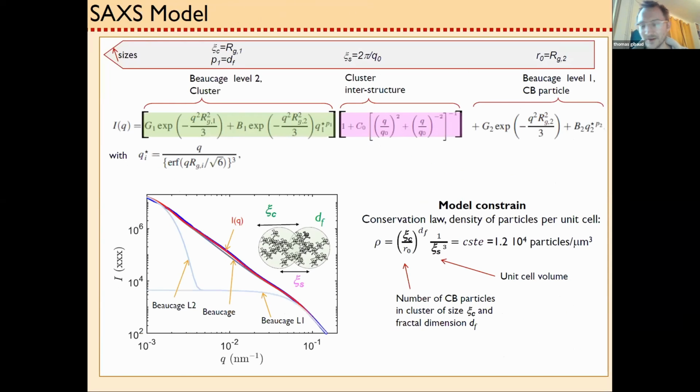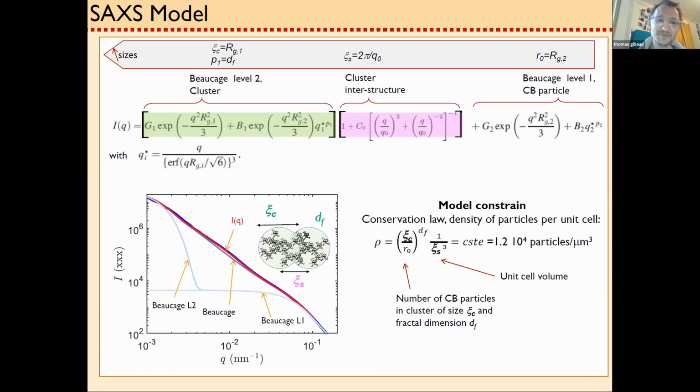I'm going to skip that, but we basically have a model to fit all of that. What's interesting in this model is that since we have the same dispersion, the concentration is fixed, so we have rho, which we can define as this value, constant in our system. That's the constraint in the fit.